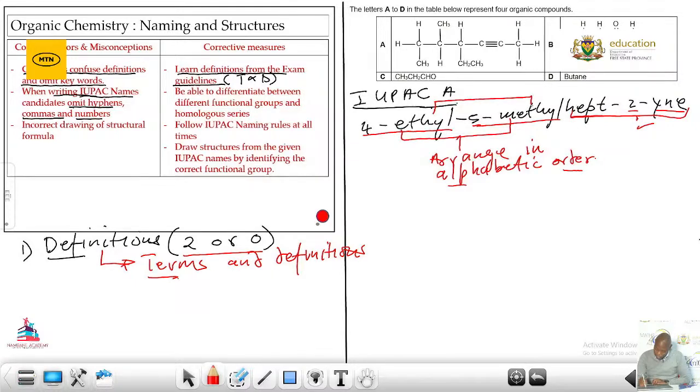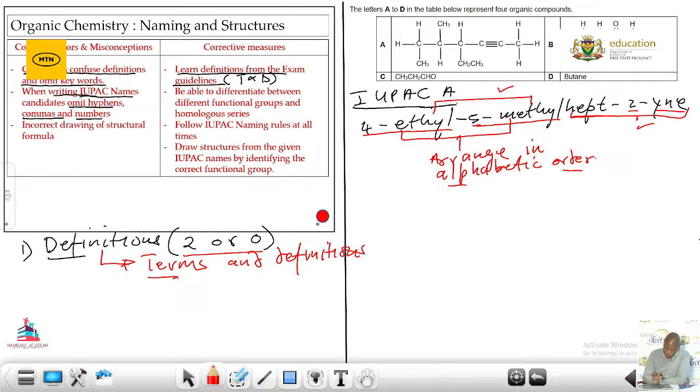If you have correctly identified the substituents, we'll give you 1 mark. And the other one is maybe the whole name is correct, then we can give you a maximum of 3 marks. But what is critical here is how to go about ensuring that you have the correct IUPAC name.